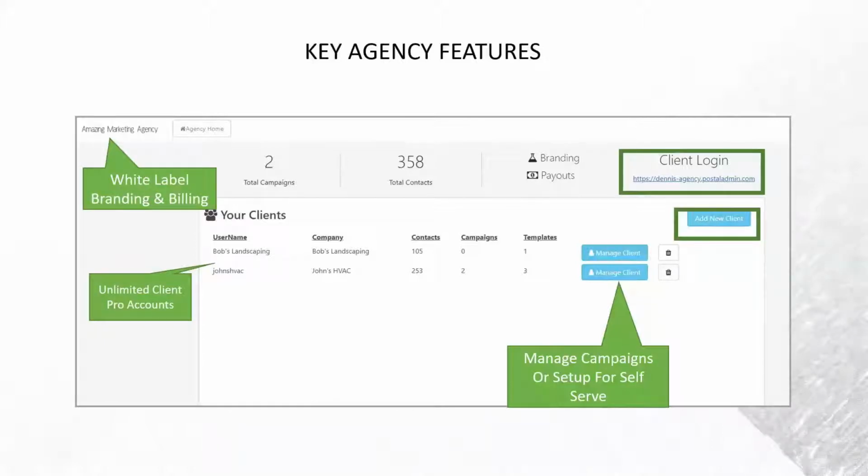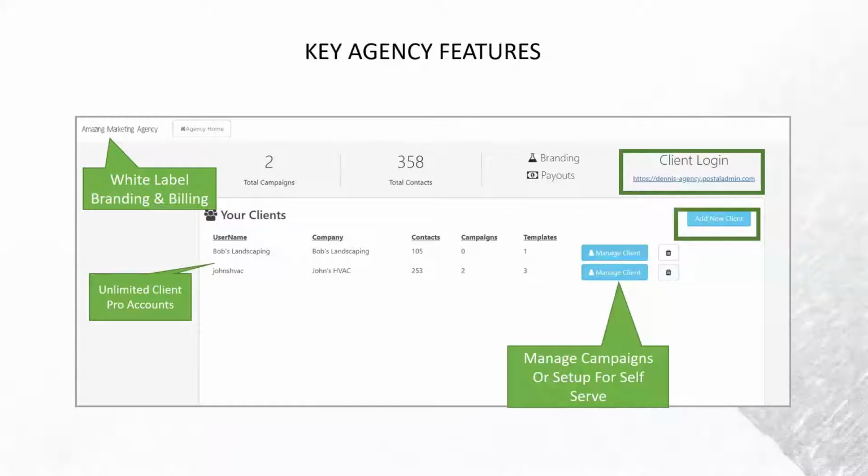We also have the white label branding and billing. And so as you can see in the upper left-hand corner, the Postalytics branding has been replaced with the amazing marketing agency. And over on the right-hand side, you see your client login.